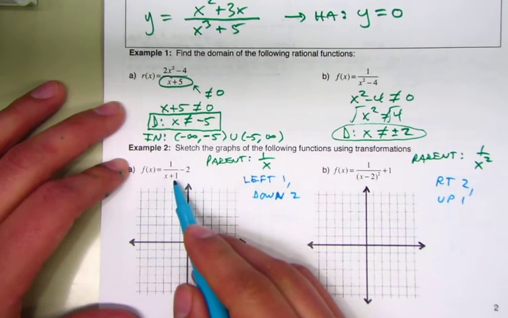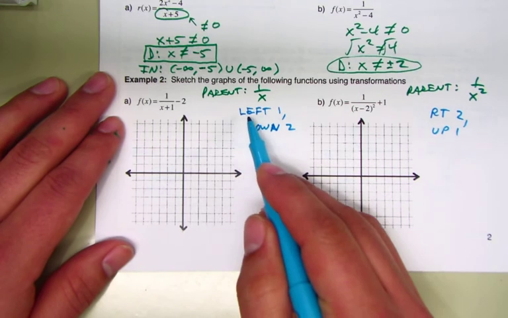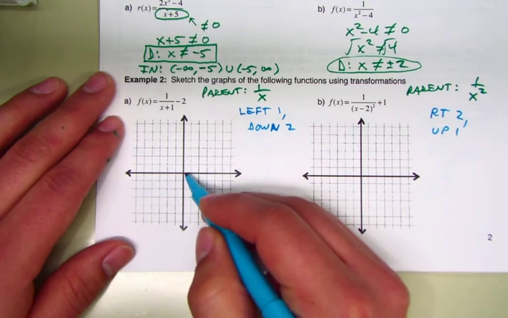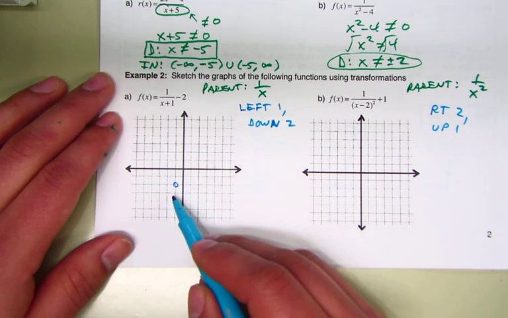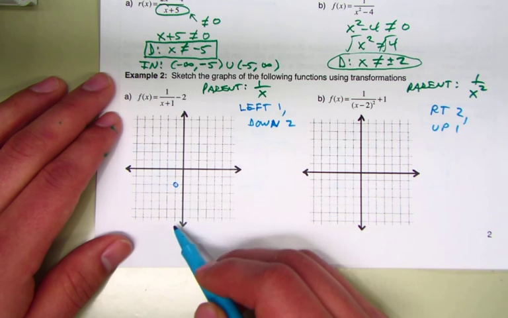With something like this, when you move left 1 and down 2, I would start with that 0, 0 point because that's a good reference point, and do left 1, down 2. This is where all the asymptotes intersect.